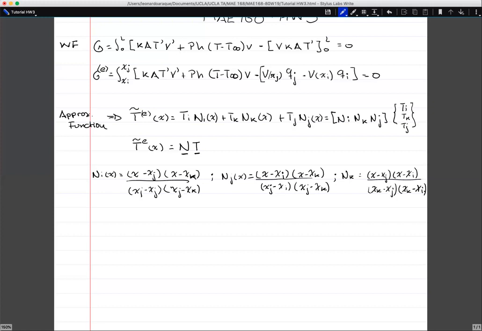All right. So the next step is to define the derivative of the approximate function. For the approximate function for each element, we're taking the derivative of the shape functions because they are the only components in this expression as a function of x.